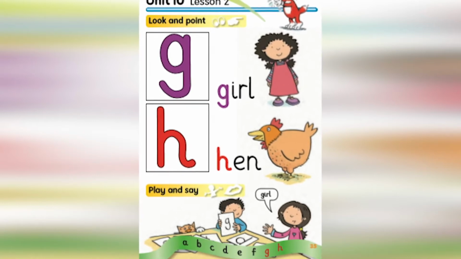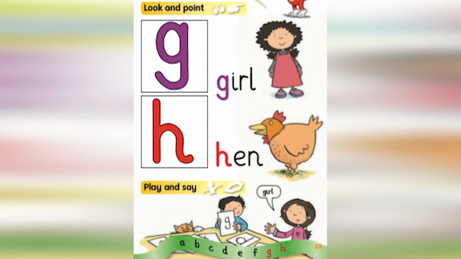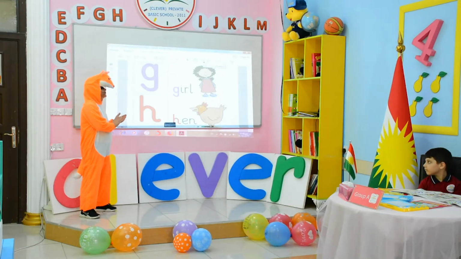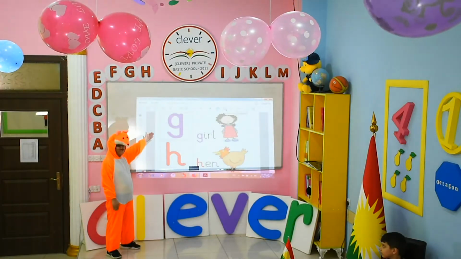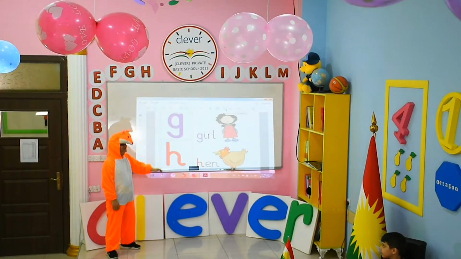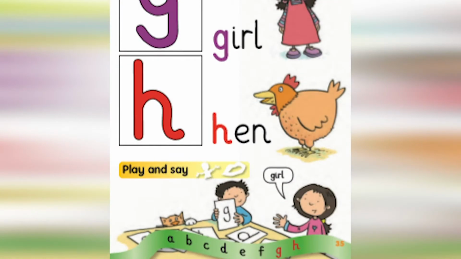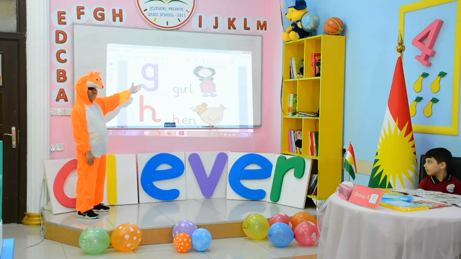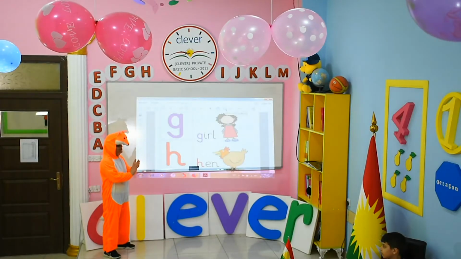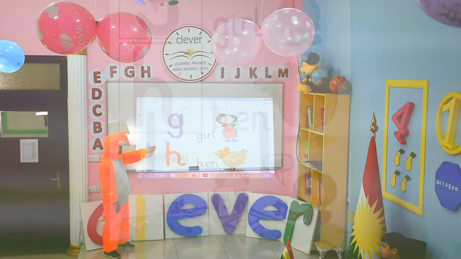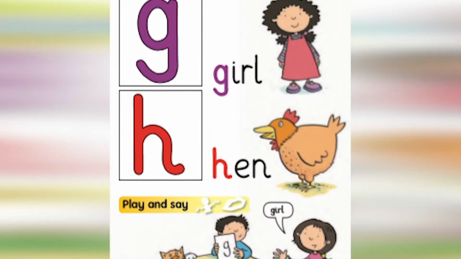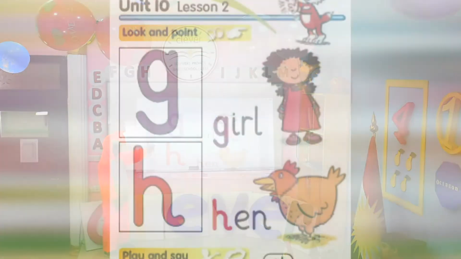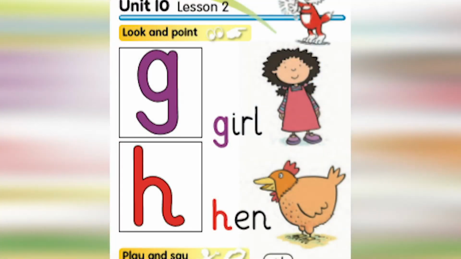Students' Book, Unit 10, Lesson 1. Listen and clap. G G G girl, G G G girl, H H H hen, H H H hen.